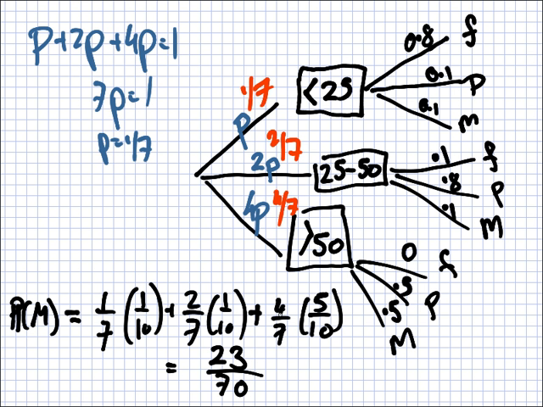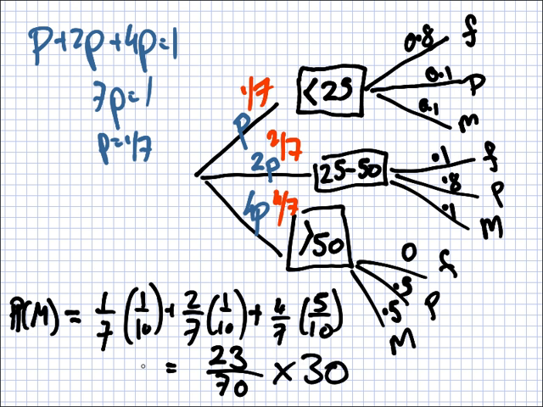23 over 70. So that doesn't tell me how many students got a merit. So if I know there's 30 students, what should I do next? How about I just multiply this by 30?